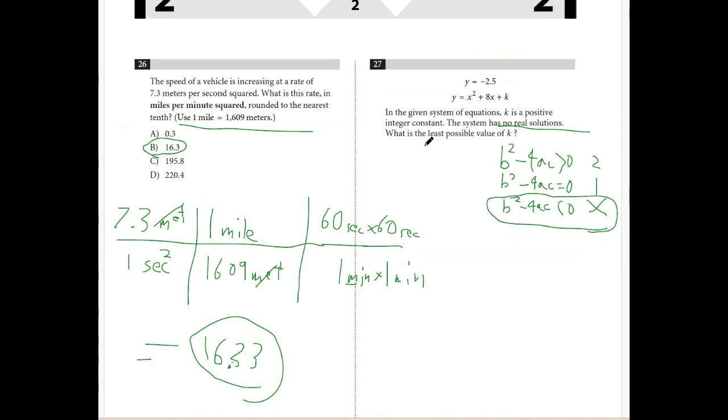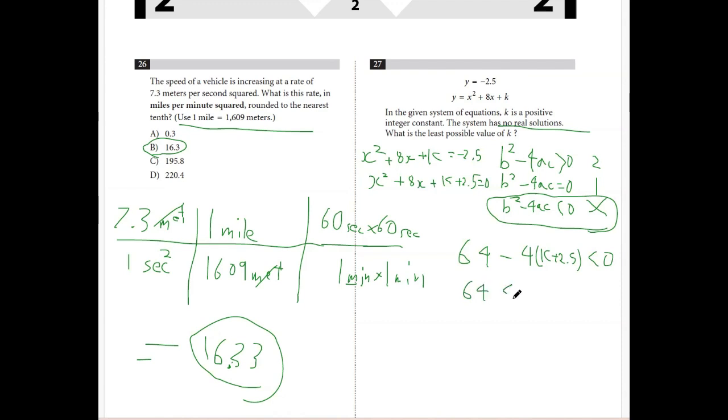And I'm going to set these two equal to each other. So x squared plus 8x plus k is equal to... I'm going to move this minus 2.5 to the left. Okay, my b squared is 64 minus 4 times a, and then let's do k plus... let's move this to the right.